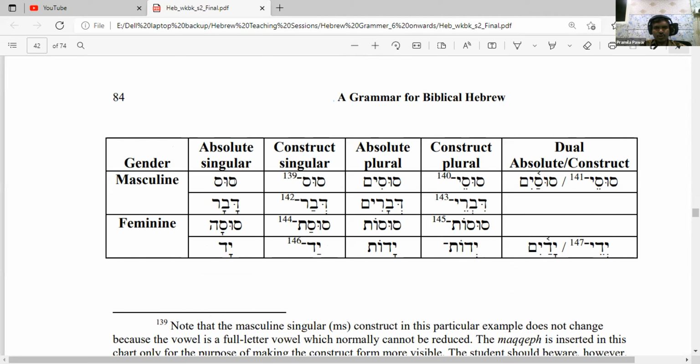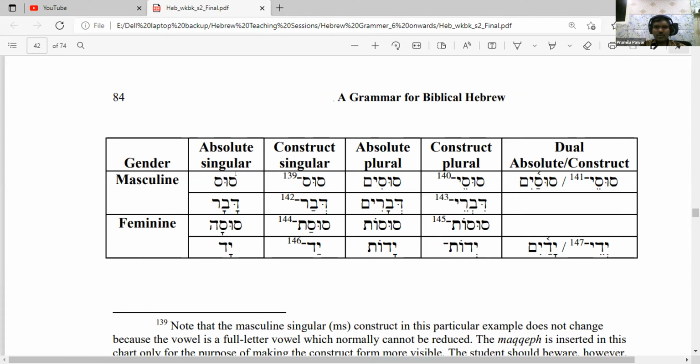Say after me, sus. Now this is absolute singular, but in construct singular it will become sus only, because of this long vowel shureq. Because of this long vowel, inflection does not take place. So absolute singular is sus, and construct singular is also sus.